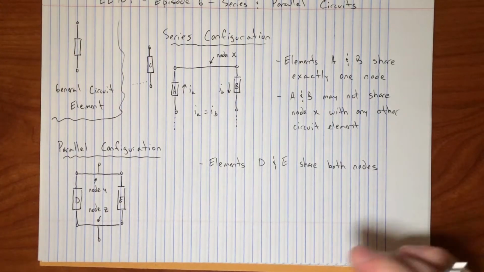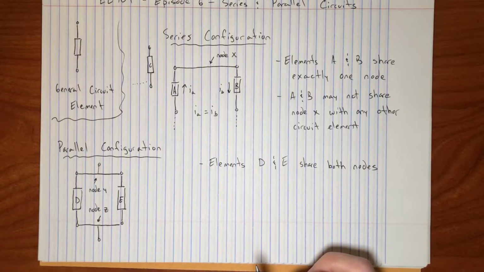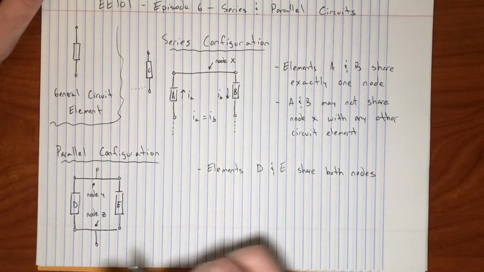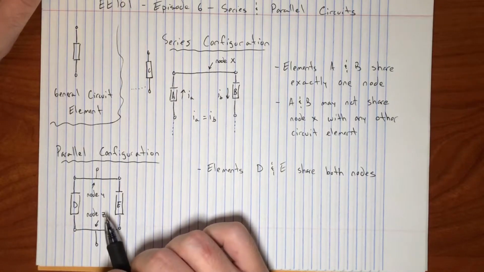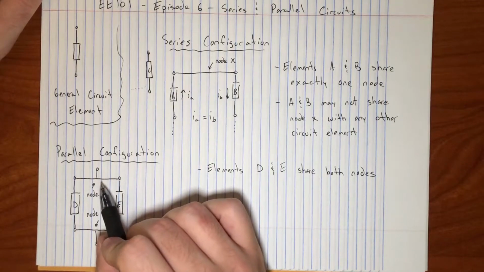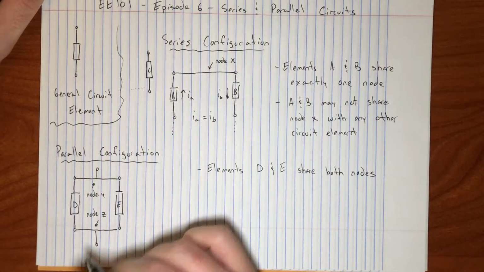This is assuming that we're working with two terminal circuit elements, right? So D and E just have two terminals each, and they share exactly both possible nodes. They share node Y, and they share node Z.